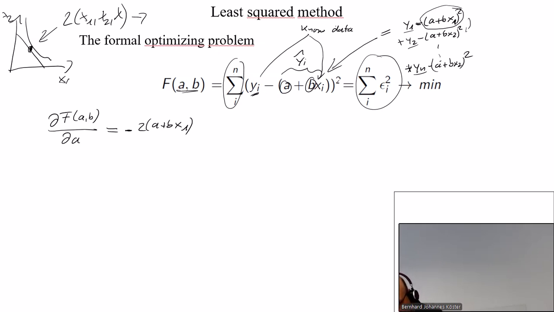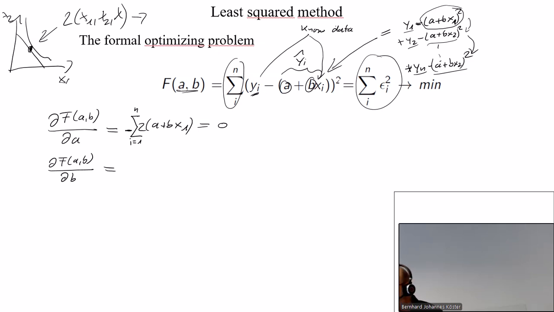So this you have to do for every part. You are summing this up. So you can then just write a summation sign in front of this, i equals 1 until n. And what is the condition of the first derivative in order to get an optimum? Equals to 0, of course.